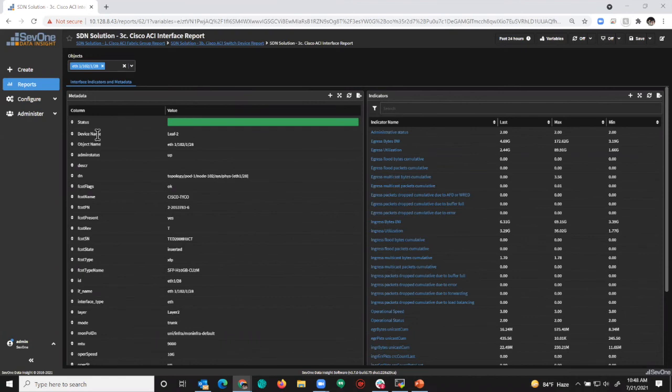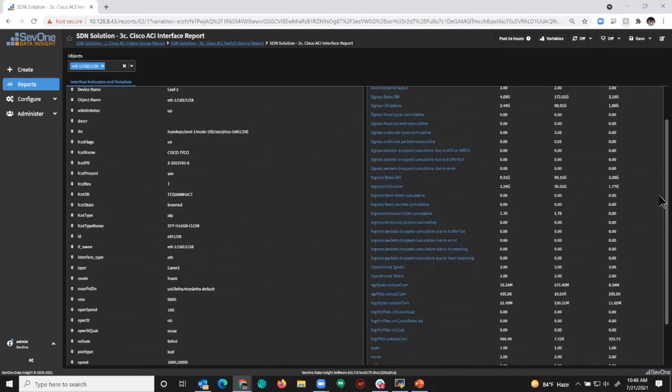It's not time series; these values can and will change over time, but they're human readable. The stuff on the right is the indicators. These are numeric values that get updated by the collector on a periodic basis.